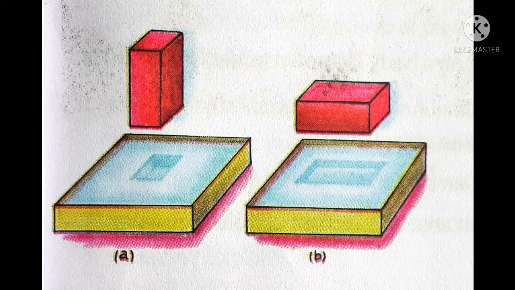In the above activity, the contact area on which force is acting is different in each case. The depth to which the brick sinks in the first tray, figure A, is deeper than that in the second tray, figure B. This is because in figure A, the contact area or surface area on which force is acting is smaller and hence the pressure exerted by the brick is more.